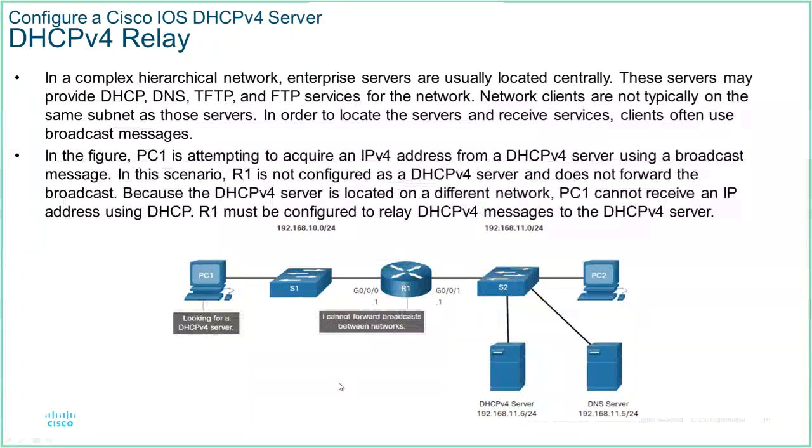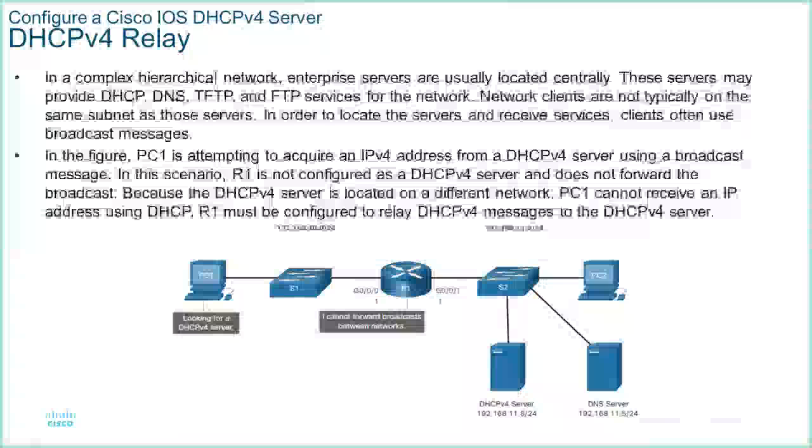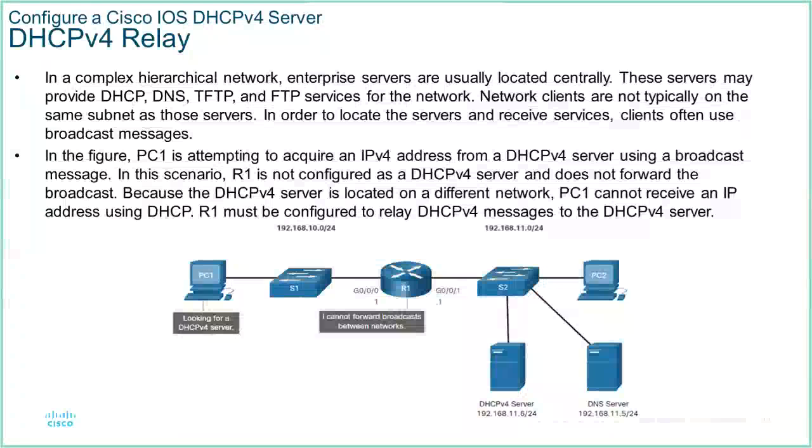Okay, so what happens is the discover message is a broadcast. So when PC1 sends out that discover broadcast, it'll go up to the router 1 and go, yeah, no, that's it, done. So it would never get over here to the DHCP server.